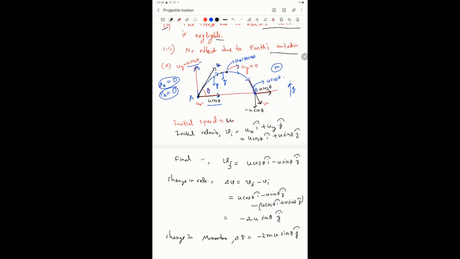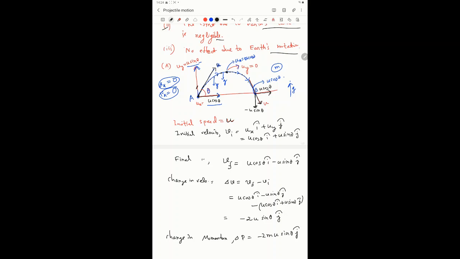When the particle passes this point, its velocity will increase again from 0, and just before falling on the ground, its velocity will again be the starting value, u sin theta, but in the negative direction.